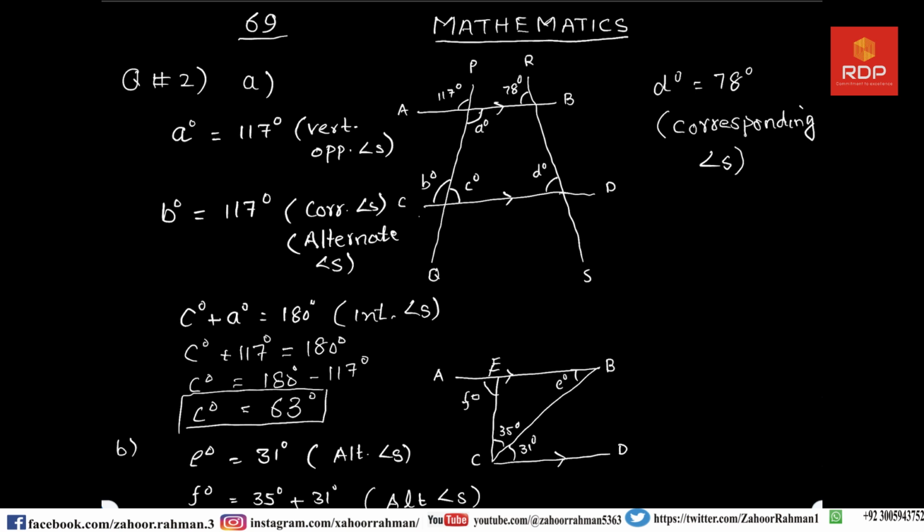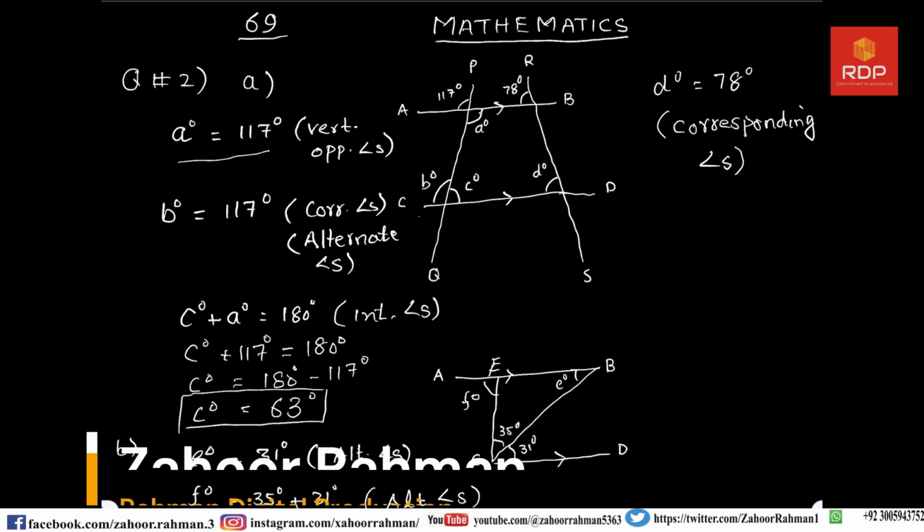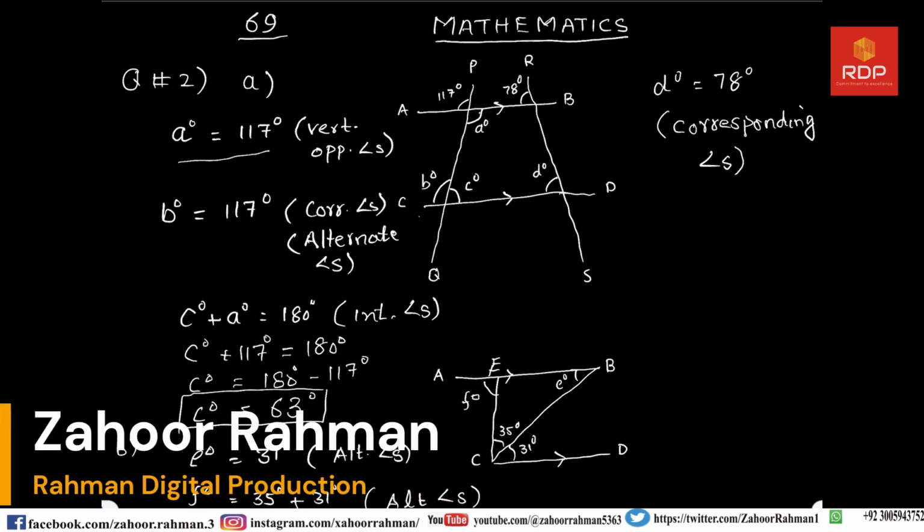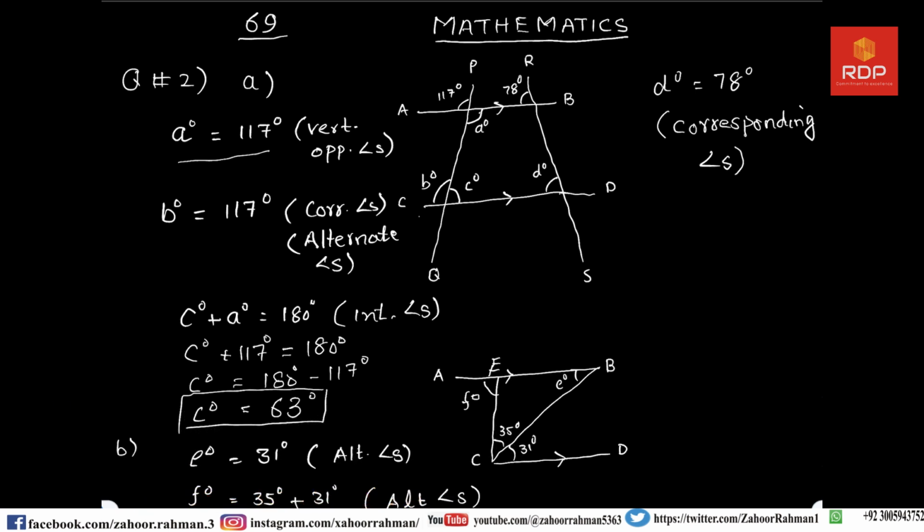We have to find first the value of this A degree, and if you take a closer look at it, you will see that A degree is equal to 117 by the theorem of vertically opposite angles, because AB and CD are parallel lines and there is a transversal line PQ.